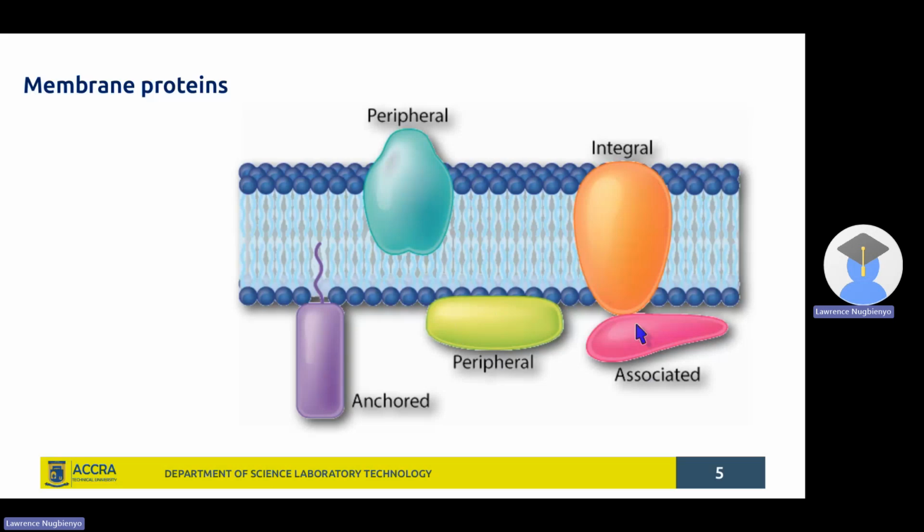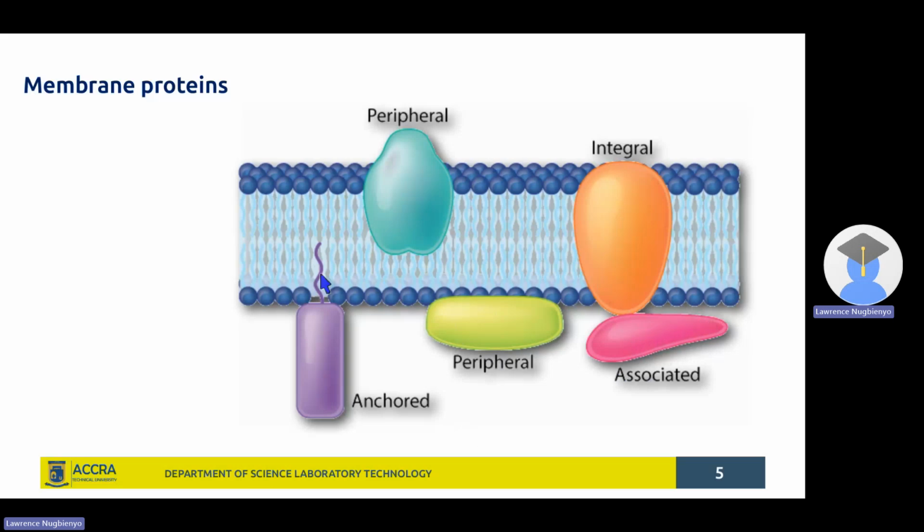This is the protein which is not attached directly to the phospholipid bilayer, but it is attached to an integral protein. That's what is referred to as an associated protein. It's also peripheral, because it doesn't transcend the biomembrane, but it is attached to another protein, which is integral. That's why it's classified separately as an associated protein.